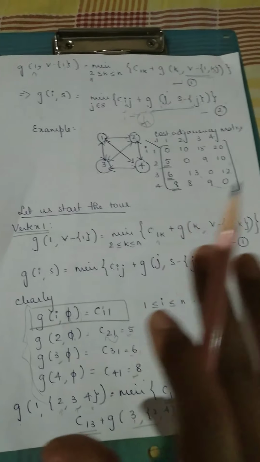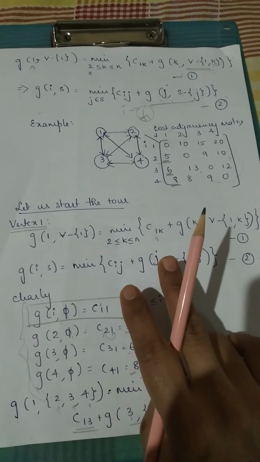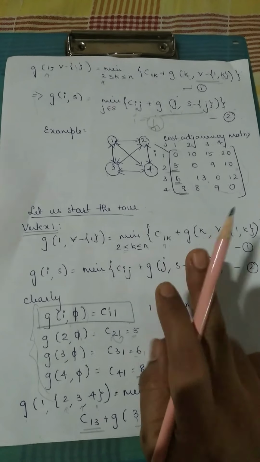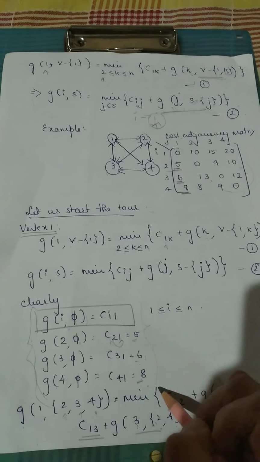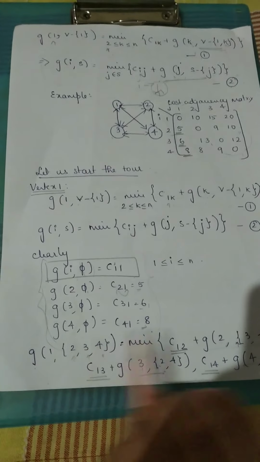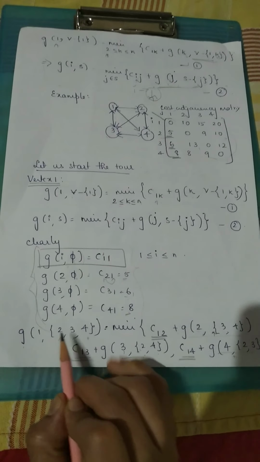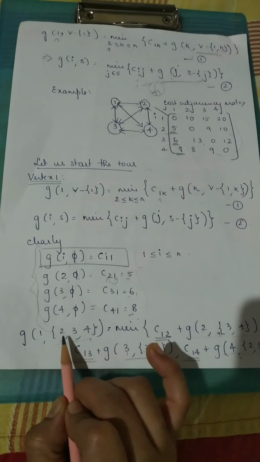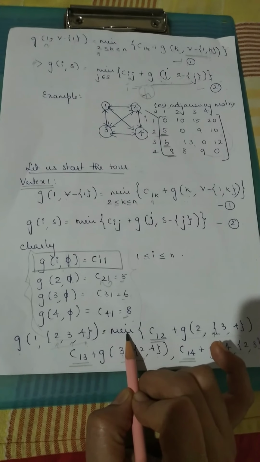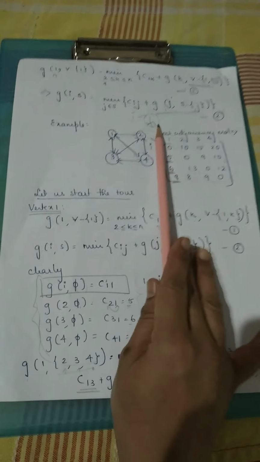To solve any problem using dynamic programming, we need two conditions. One is the initial condition, another is the general condition. Initial conditions are always initialized with some constant value. Next, we'll go for the general condition. Here, G of 1, I'll take the remaining vertices 2, 3, 4. I'll substitute this value into this formula, the second one.